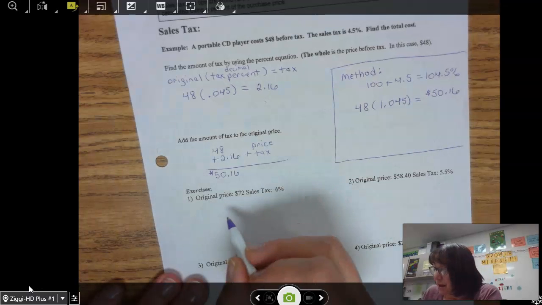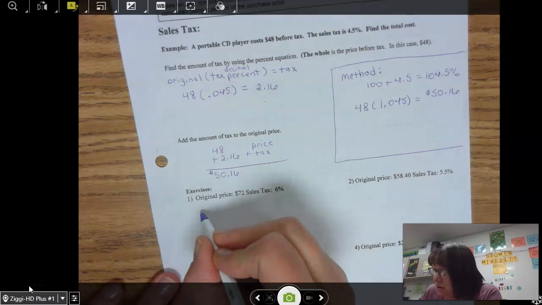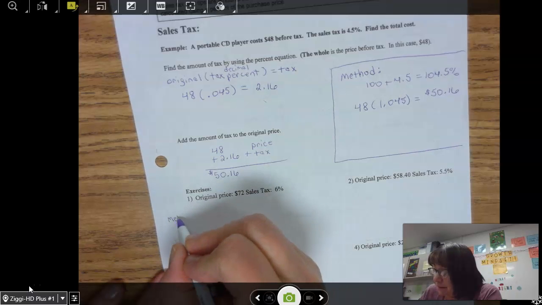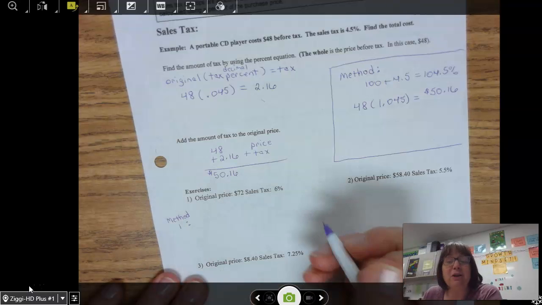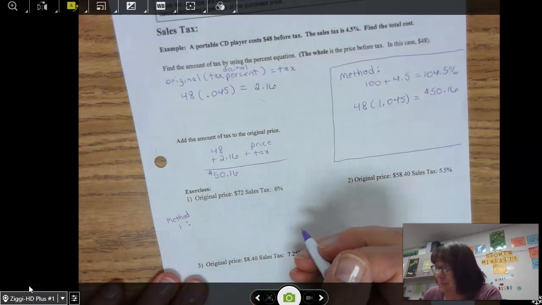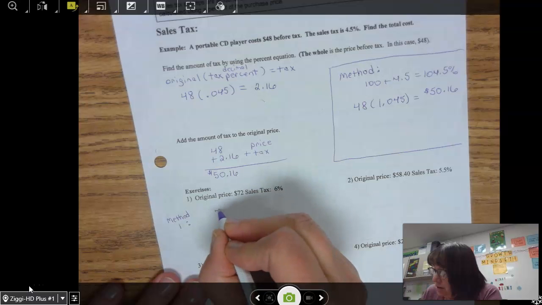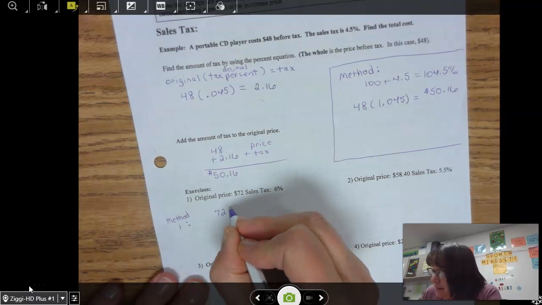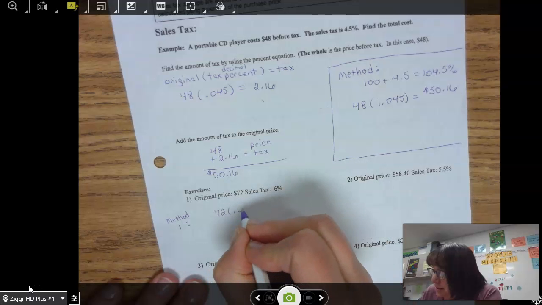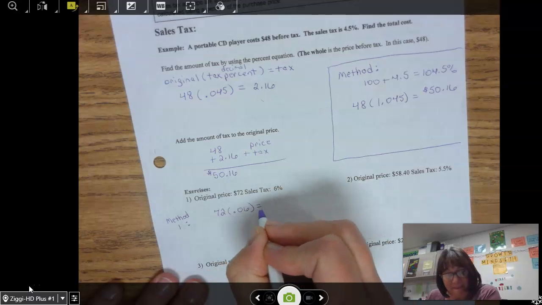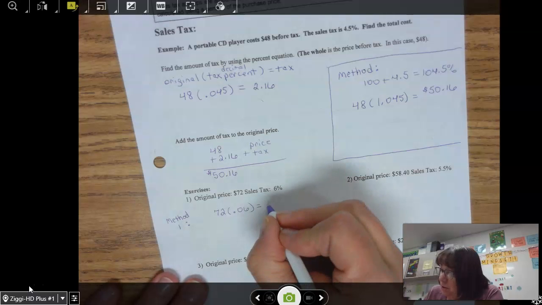Okay, now that you're back, I'm going to use method 1 to solve this one. You may have used the other method, but you will see in the end you should have gotten the same answer. So I'm going to take $72 and multiply by my tax, which was 6%. When I move this over, I'm going to get 0.06, which gave me $4.32 in tax.